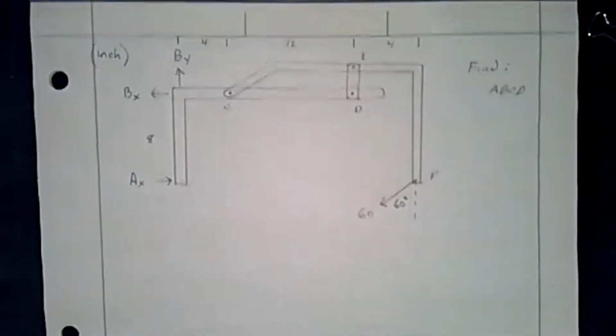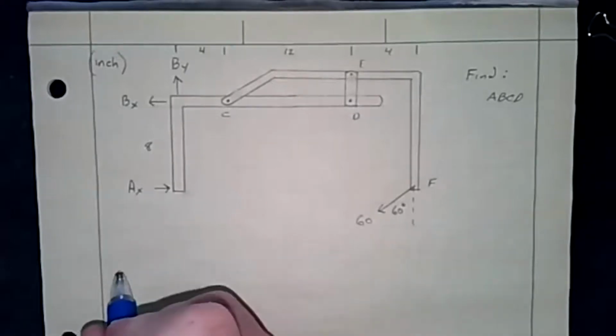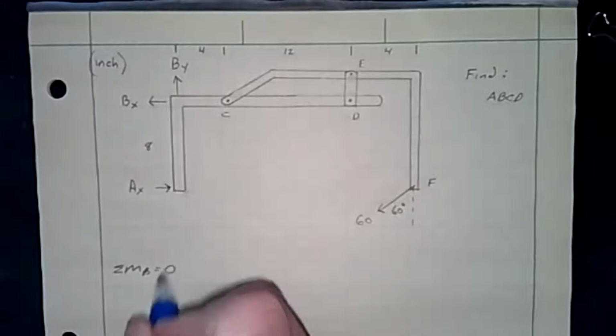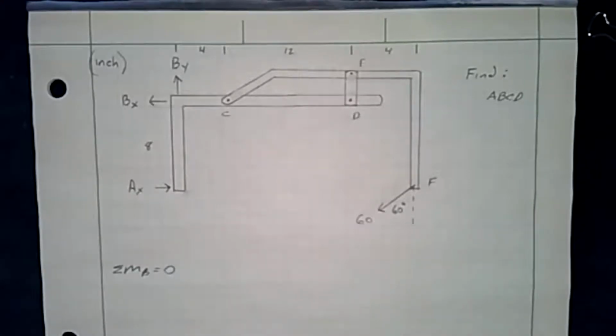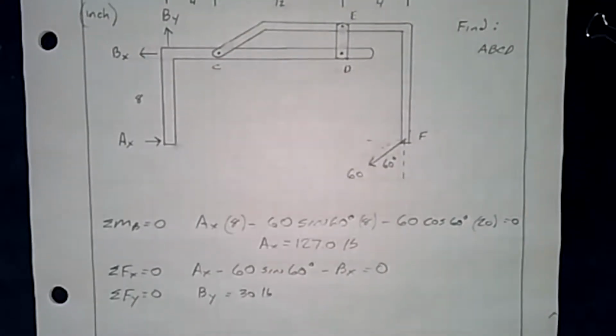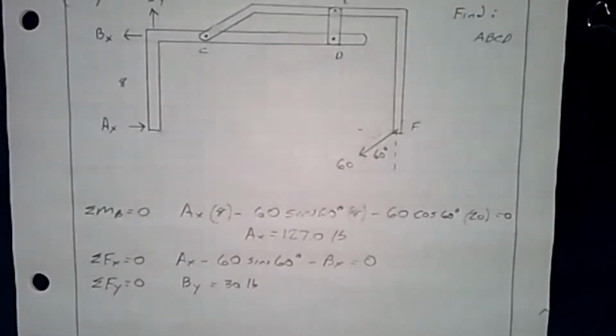Okay, so first thing, as I said, we're going to find the external reactions, sum the moments at B is 0. I'll go ahead and write that out real quick. Okay, so there it is, written out. Again, I apologize for the focus.